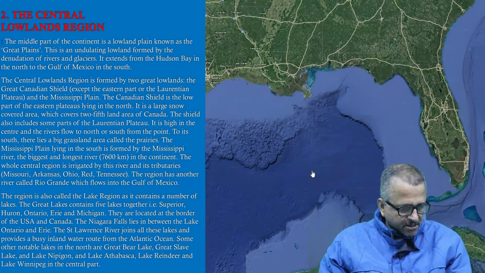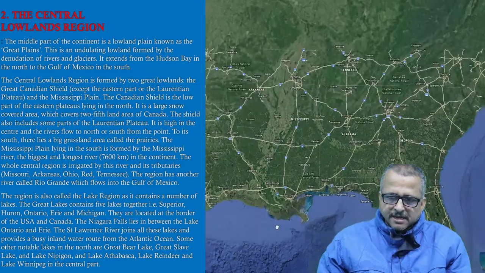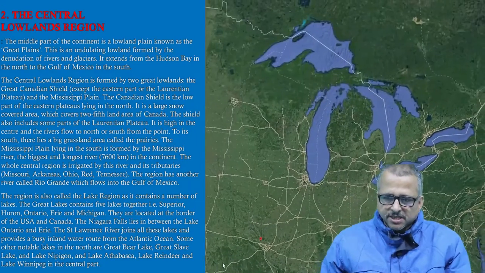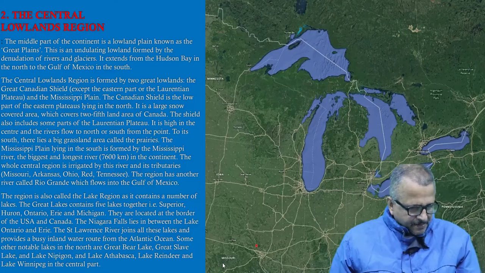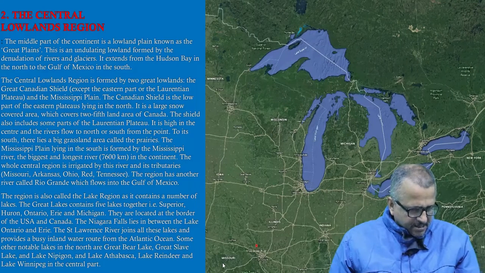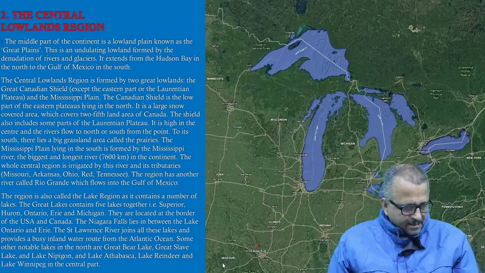The region is called the lake region. If I tell you about the lake region, then I have to show you the lake region. You could see this lake region. Okay, I'm very clearly showing the lake regions, and these lake regions work as the natural boundaries of these two big countries, the United States of America and Canada, and there the chief lakes are these.